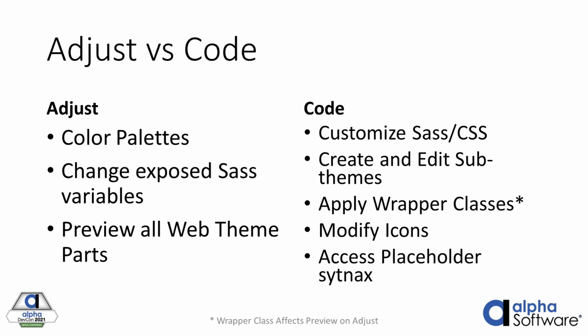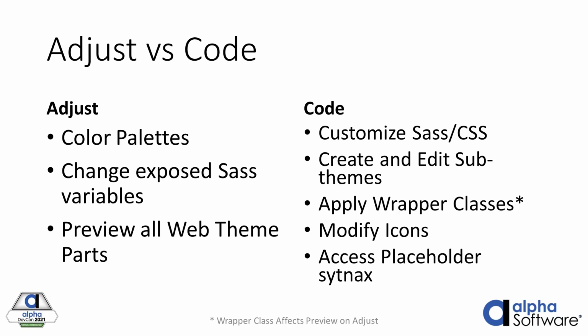The code tab itself is where you go and customize all the code for everything. It's where you can create and edit the sub-themes, where you can apply a wrapper class, which is a preview mechanic where you can say, wrap the preview in the panel header class, and then it'll show you the control as if it was placed inside a panel header. You can modify your icons there.